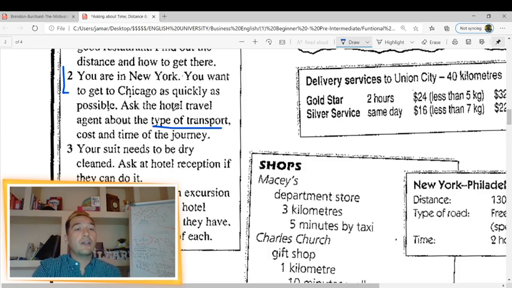Ask the hotel travel agent about what? About how to get to Chicago. Nope. Right, look at the number 2. Ask the hotel travel agent about type of transport, cost and time. That's what we need.